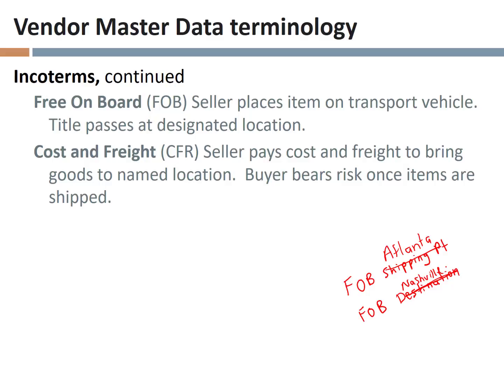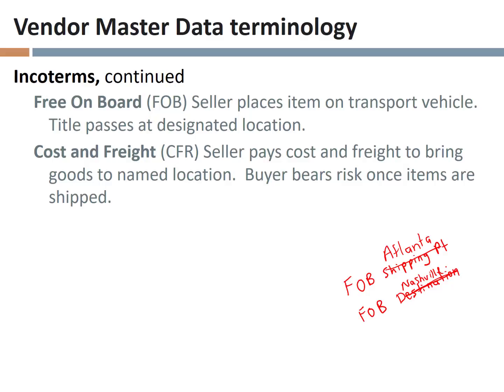If you've ever bought or sold anything on eBay, that's another environment where stuff like this sometimes comes into play. And one of the key elements in those transactions often is, is insurance going to be involved? Who's going to pay for the insurance? Same scenario here.